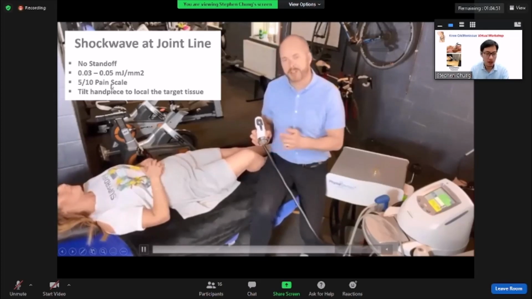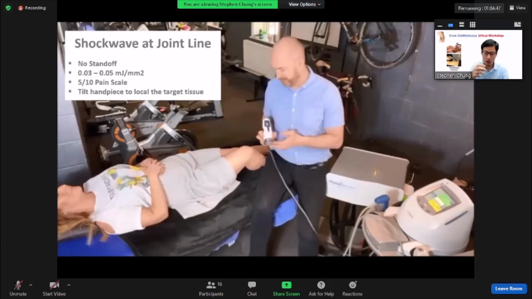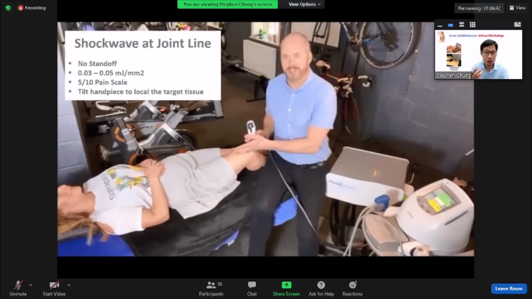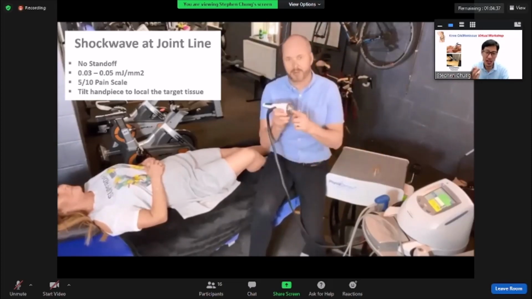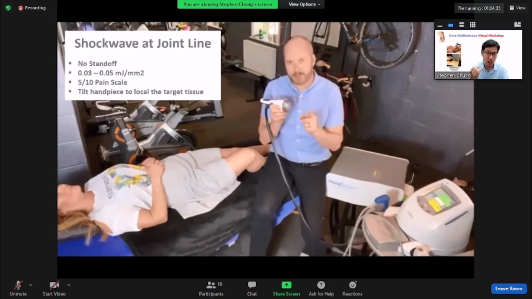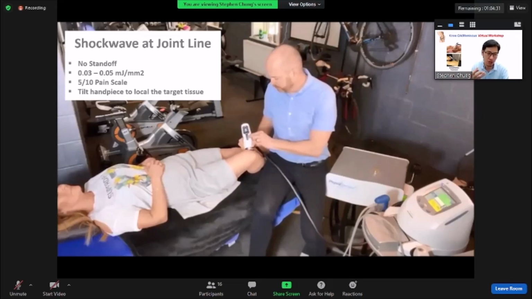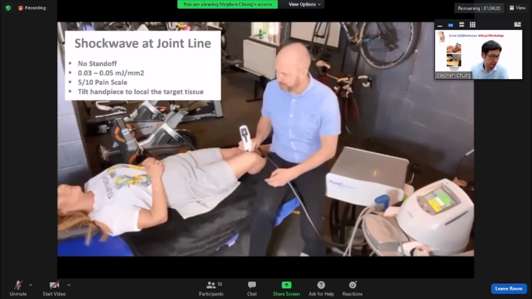Ultimately we want to gradually build up to 0.3 millijoule per millimeter square if the patient can tolerate that much energy. But of course, you can't build that in just 1 to 2 single sessions. It takes time for the patient to build up acceptance of the shockwave energy. So this is about the joint line with no standoff.